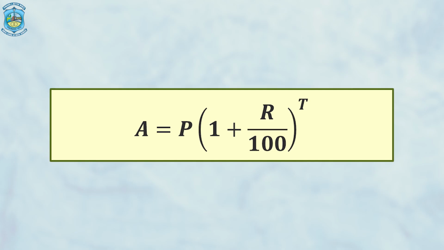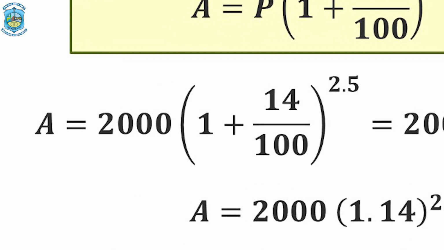Now, we calculate the amount of compound interest from the formula A equal to P multiplied with 1 plus R by 100 to the power T. We substitute the value of P, which is 2000, R 14 and the value of T is 2.5.